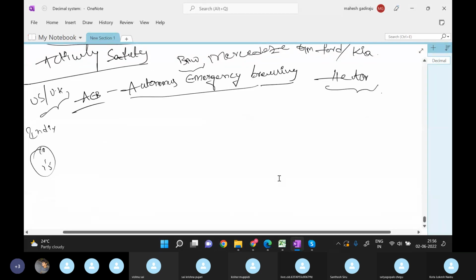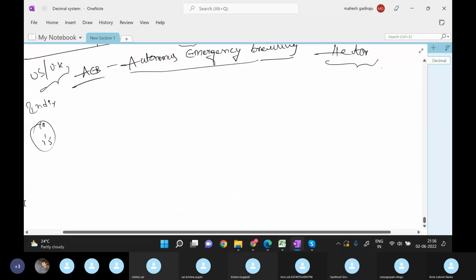By activating sensors, approximating the hurdle between the car and something. Okay, so there will be sensors, and here there will be a camera.